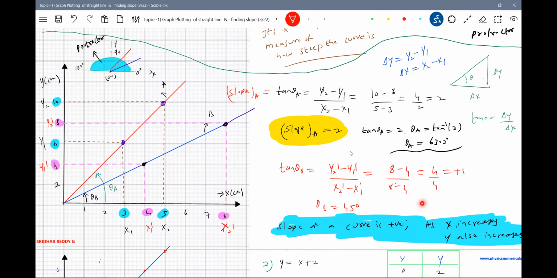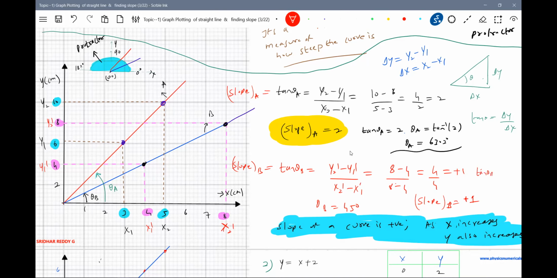So the slope of B is 1. What does it mean? B makes an angle of 45 degrees. Tan theta B is equal to 1.